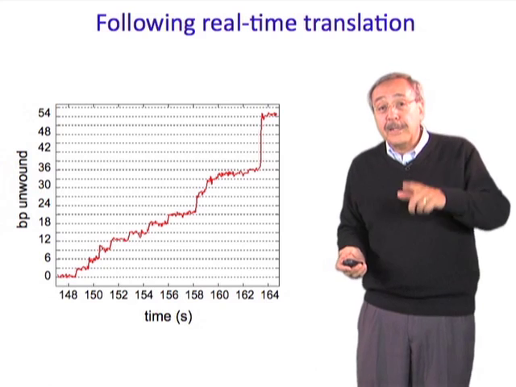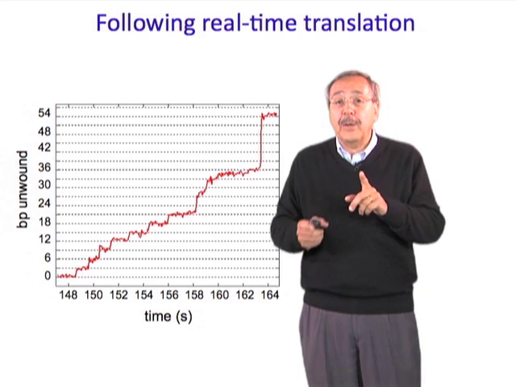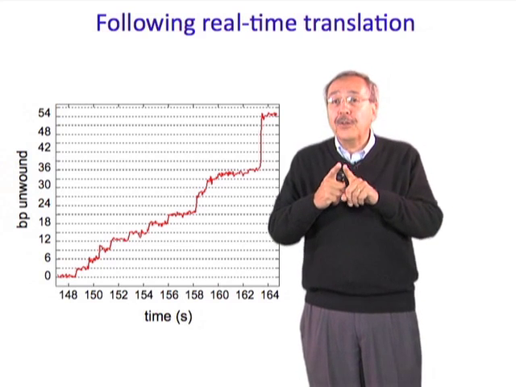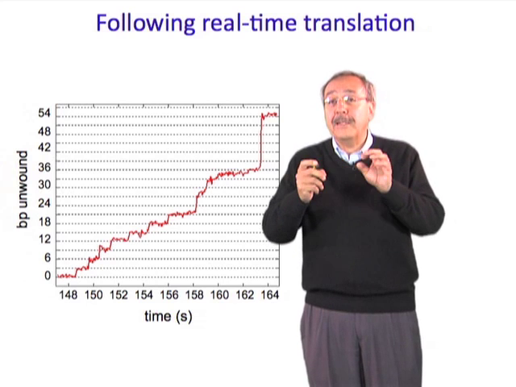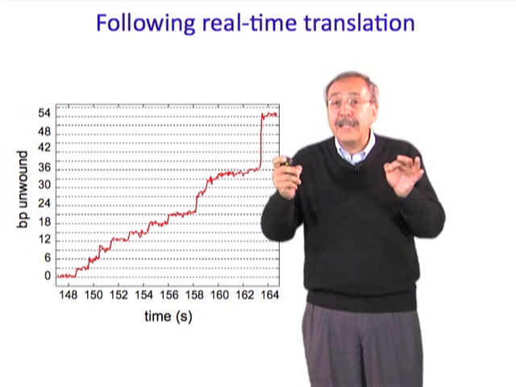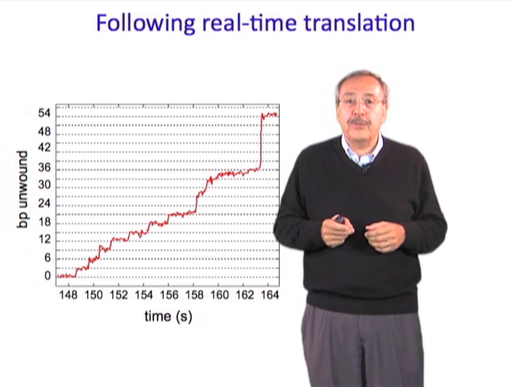Note that at the end, actually, there is a big jump, and that big jump is because what is left of the hairpin is so small that it's quite unstable at the tension that we are applying at the ends of the RNA, and the RNA just spontaneously opens.